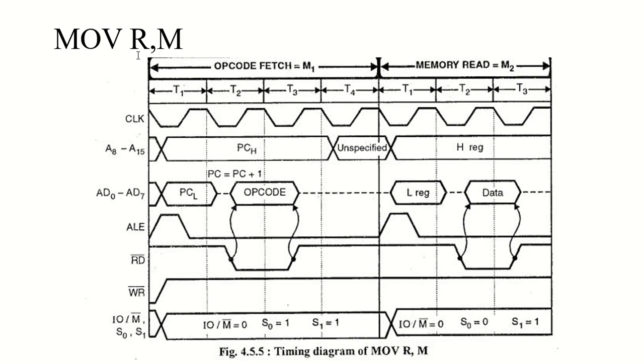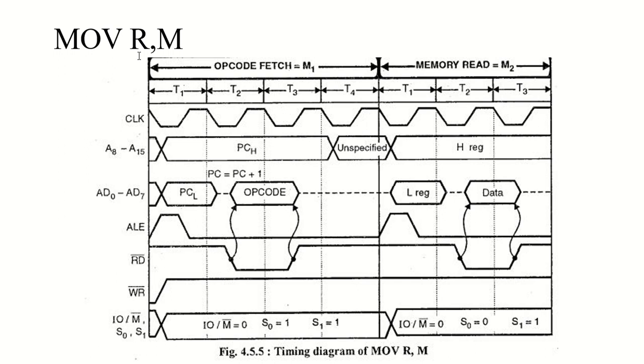If R is on the left hand side of the instruction, that means memory read is required. See, here R is on the left hand side, which means the register is on the receiving end, and whenever the register is on the receiving end, we always include the memory read cycle. So again, the first cycle will be opcode fetch, second will be memory read. The signals will be the same, there will be no change.